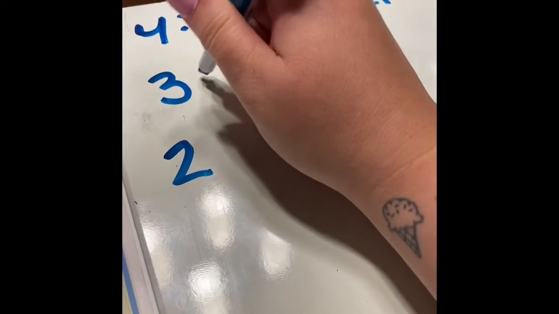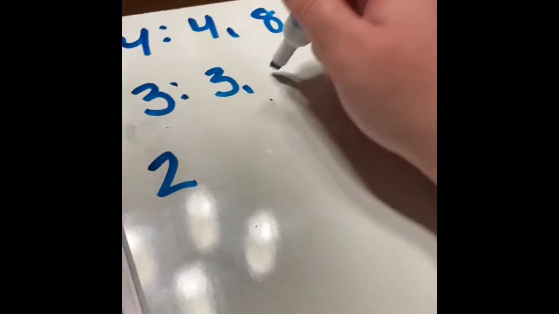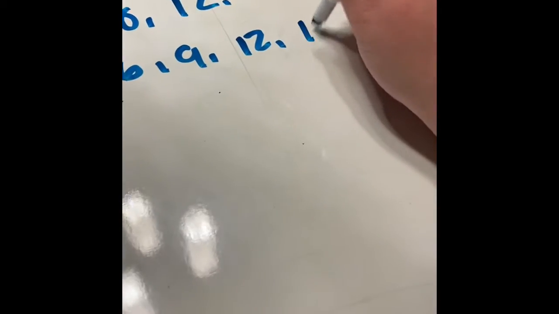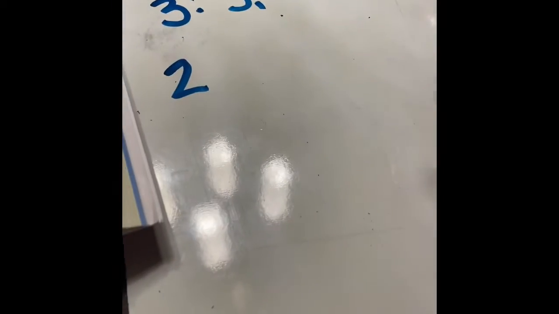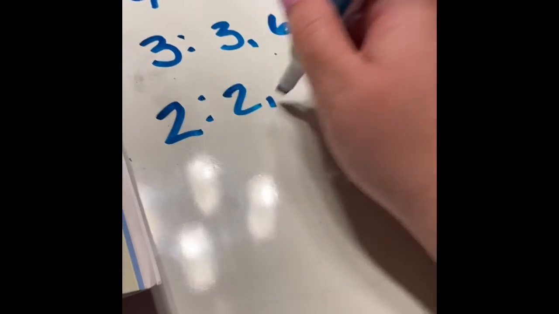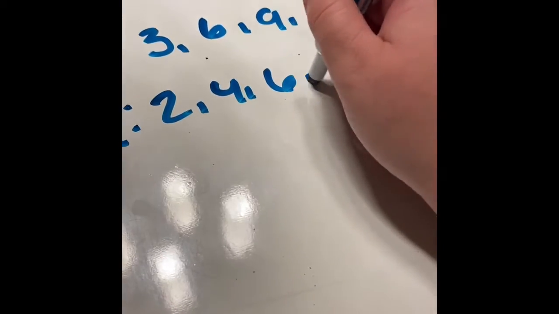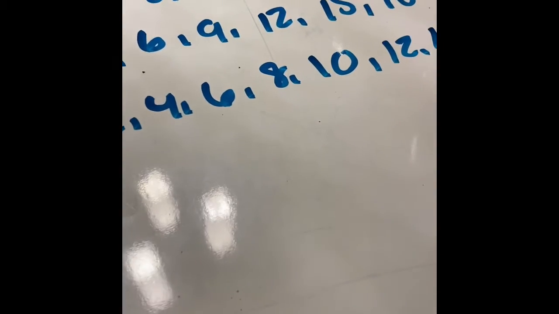I'm going to stop there. For 3: 3, 6, 9, 12, 15, 18. Gonna stop there. For 2: 2, 4, 6, 8, 10, 12, 14, 16.